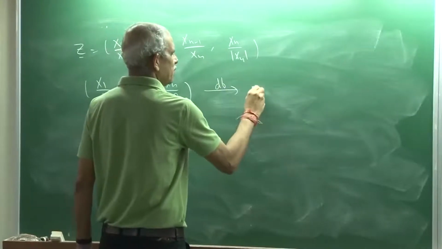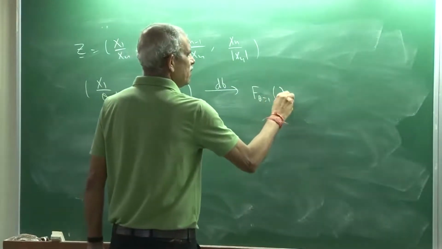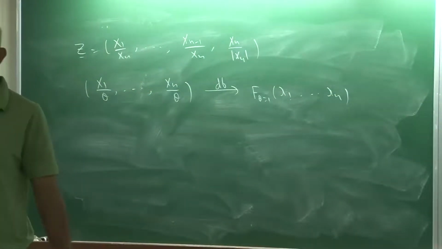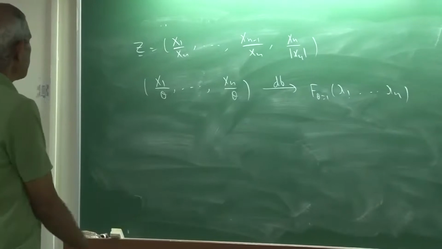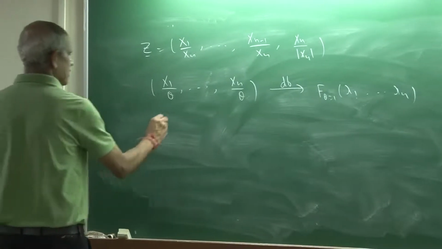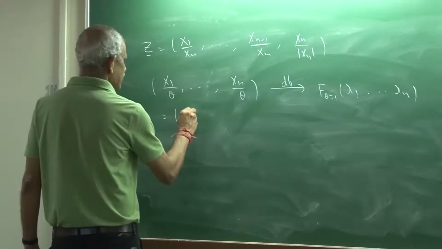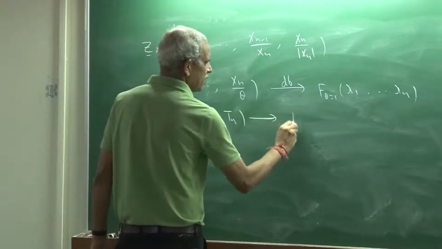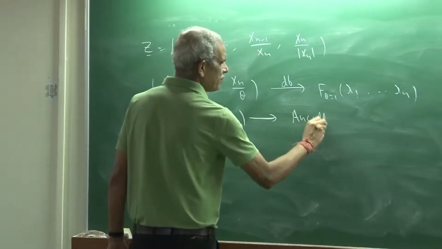It has a distribution function f of theta is equal to 1, x1, x2, xn. So there is no theta. F is known to us. So that means x1 upon theta, x2 upon theta, and xn upon theta is ancillary. Let me call this T1, T2, Tn. That means T1, T2, Tn is ancillary.